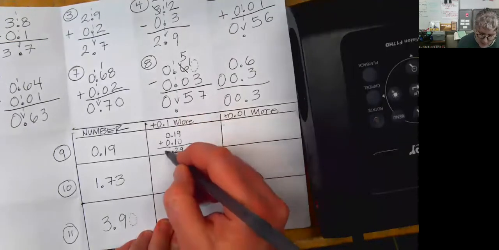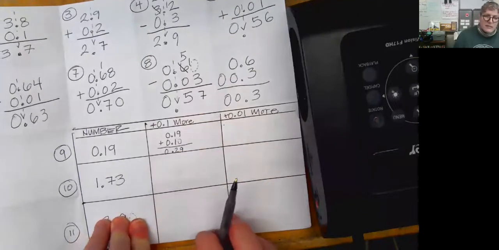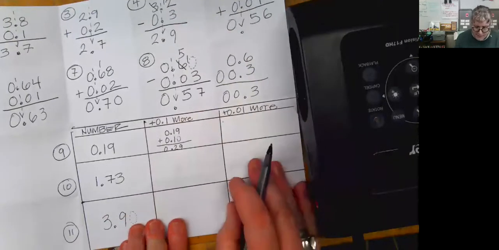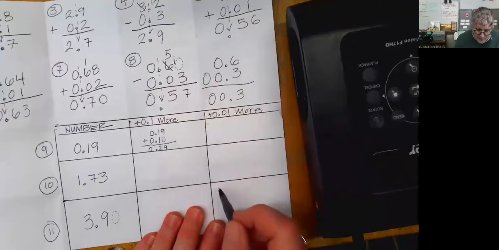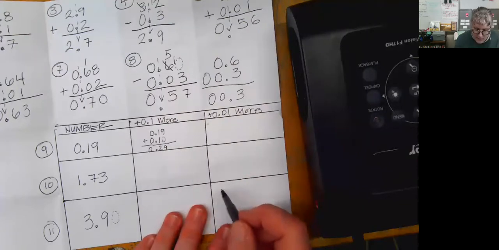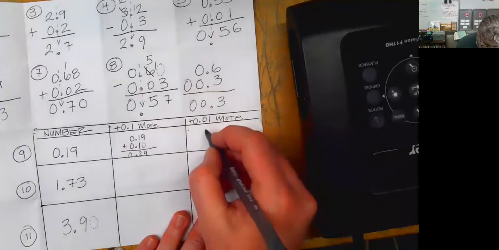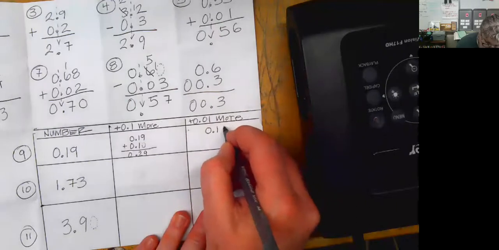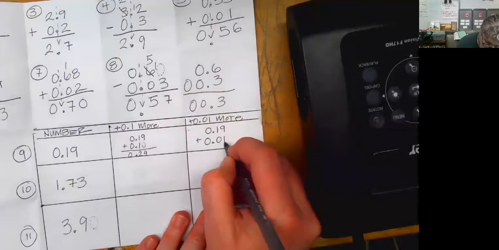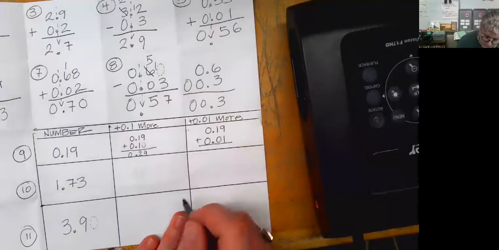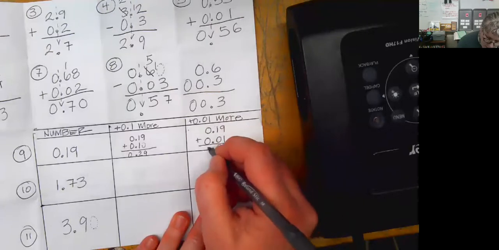So I'm going to get 29 hundredths. 19 hundredths plus 10 more is going to be 29 hundredths. Okay. Now, if I take this one and I have 19 hundredths and I'm adding 1/100th more and I've lined them up, I'm going to end up with 20 hundredths.